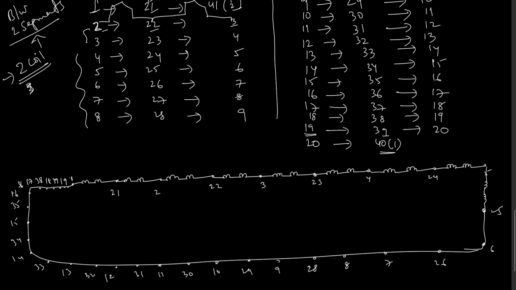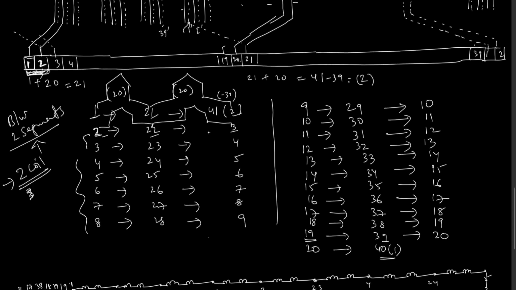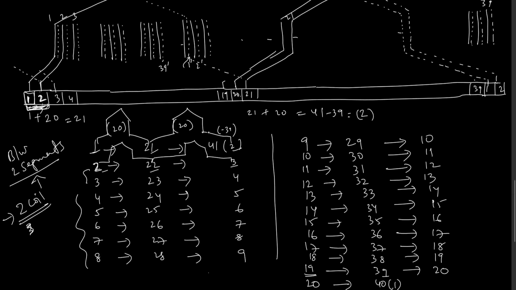Now let us place the brushes. So we have 39 commutator segments and 4 poles, right? 39 commutator segments, 4 poles, so it is coming to 9 3/4.